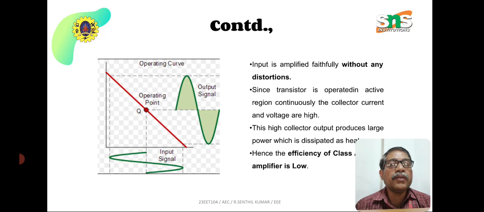The input signal is shown below the x-axis and the output is almost along the y-axis. The output signal is amplified and also inverted. I hope you understand the operation of a transistor from the previous video. The same is explained here, and hence the small signal is amplified and also inverted.